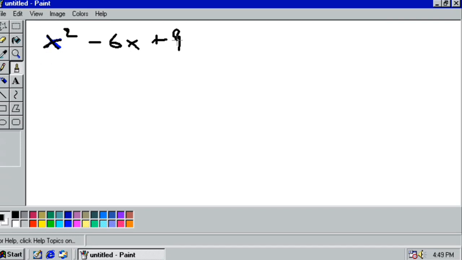So this and this are both positive, which is good. And x squared and 9 are perfect squares. So when we square that, it will give us 3.